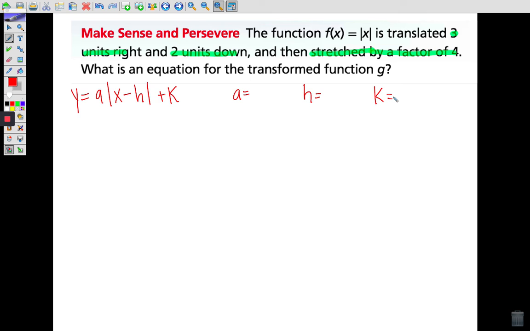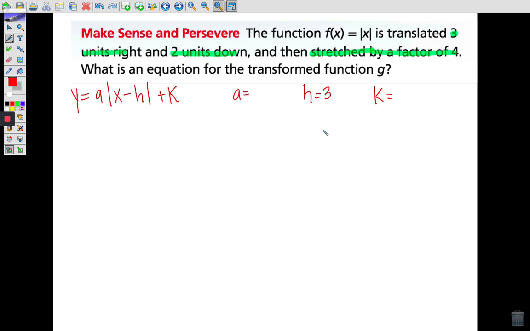Okay? So the function f of x is equal to the absolute value of x is translated 3 units to the right. Well, which of these letters translates right? a, h, or k? Yep, h. So if I'm translating 3 units to the right, h, right now we're going to keep it a positive 3, and I'll tell you why in a second.